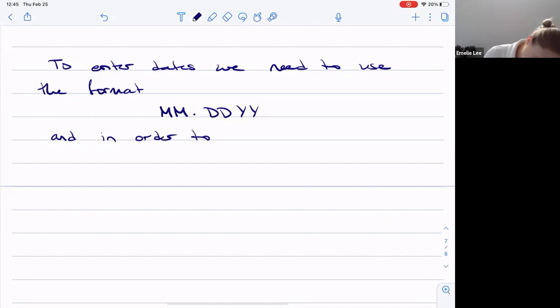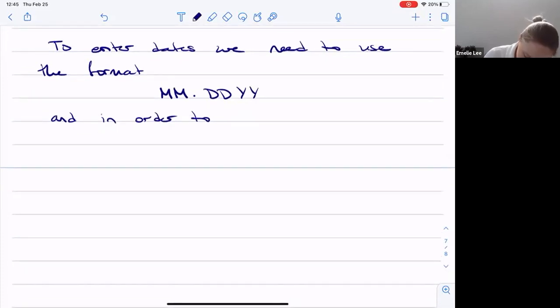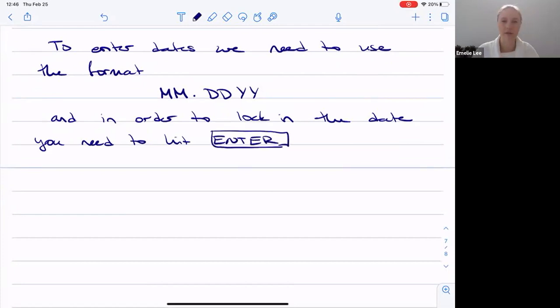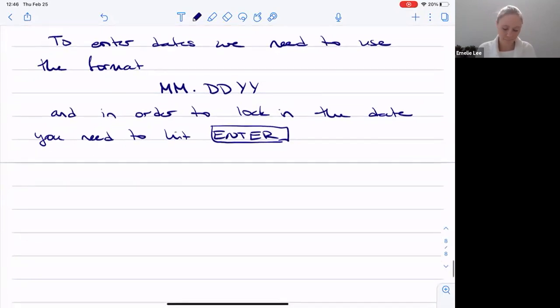In order to lock in the date, you need to hit enter. Right? So it needs to store it, okay, by hitting enter.